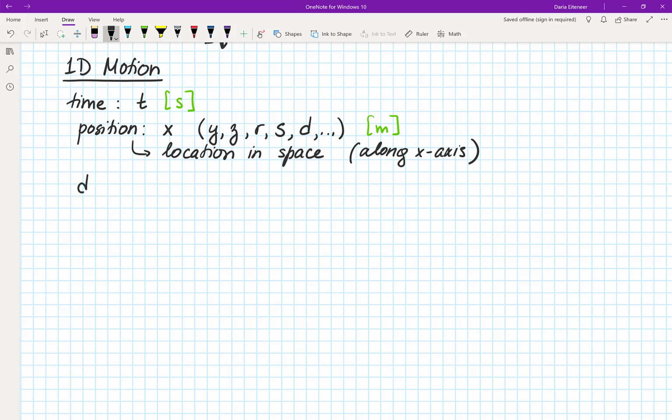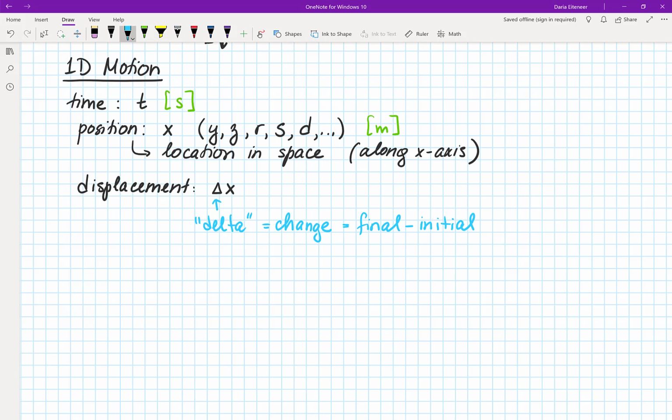We also need to define displacement. The notation for displacement is delta x. Some of you probably know this symbol. It's the Greek letter delta, and delta represents change. In general, change is written as the final value minus the initial value. This is for any quantity, scalar or vector, any quantity that's changing.